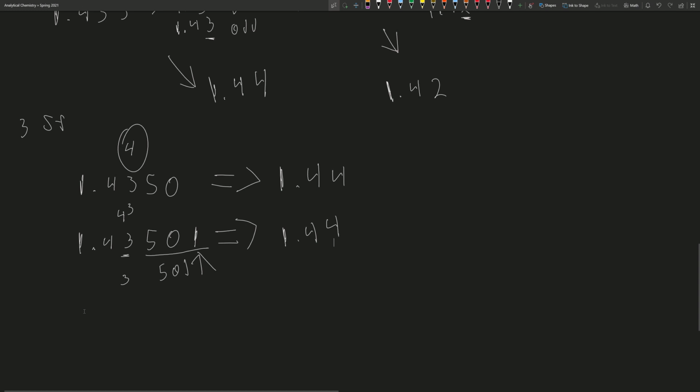So interesting how we get the same answer in this case right here, even though we have a slightly different number attached here.